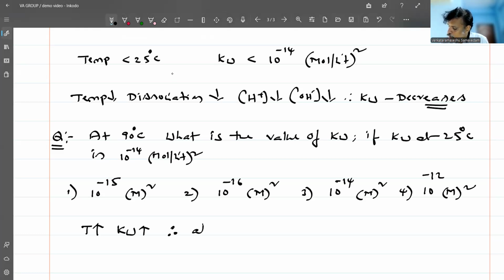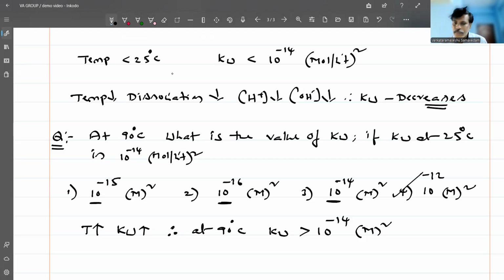Therefore, at 90 degrees centigrade, Kw should be greater than 10 to the power of minus 14 molarity whole square. So here you see 10 power minus 15 is a lower value, and the equal value. The fourth option is greater than 10 to the power of minus 14. Therefore, the answer is 10 to the power of minus 12 molarity whole square.